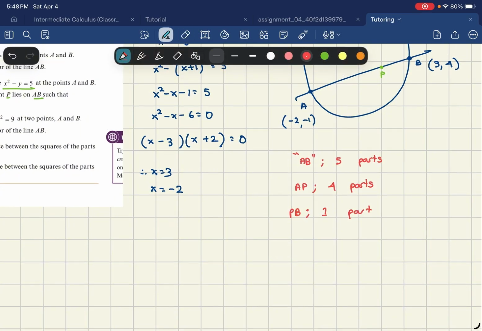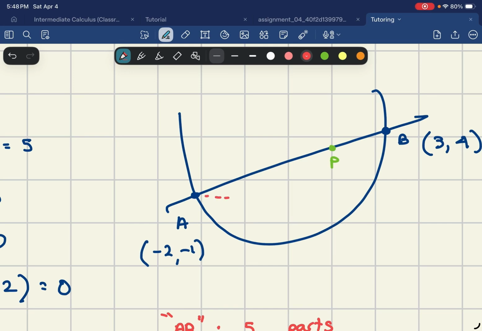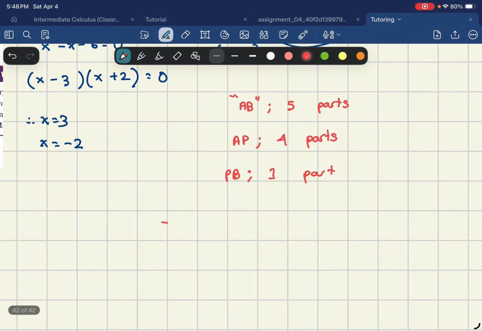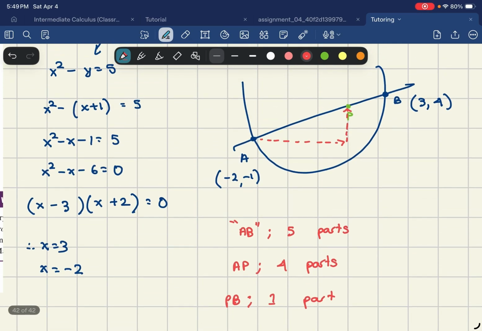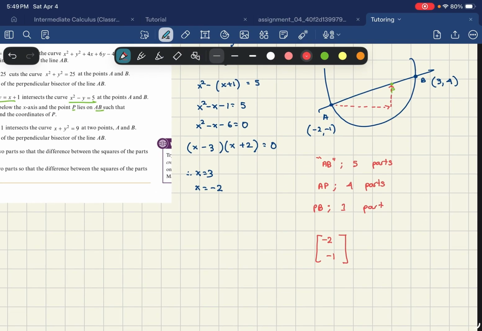So how you can imagine this is that you can think of it as vectors. Right? So let me write it as xy. You are starting from xy, your starting point. So that is a vector. You're starting from negative 2, negative 1. So that is where you are starting from.